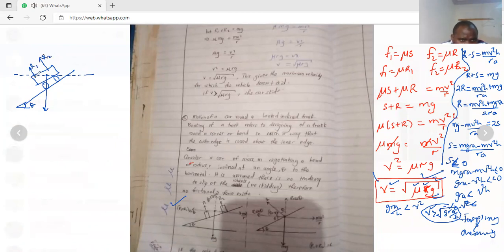Because reactions act at 90 degrees to the surface, and this angle was theta, we need to resolve the reaction to the horizontal. If this is theta, then this is 90 minus theta. So R cos of 90 minus theta, you'll get R1 plus R2, both facing the same direction, with sine of theta. This is the direction towards the center.